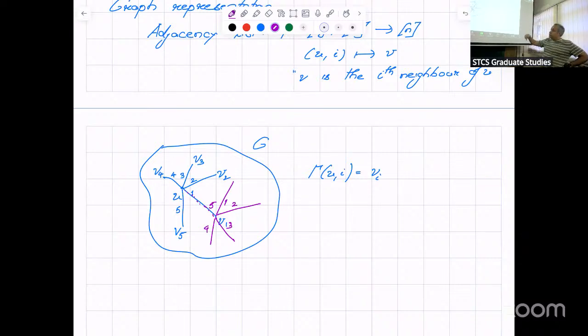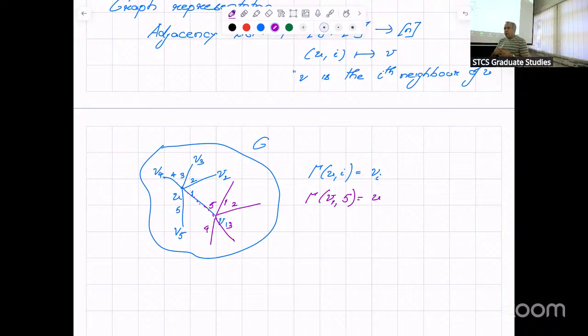So the first edge out of u leads to V1, but the fifth edge of V1 is the same edge going to u. So gamma of V1 comma 5 is u. So every edge gets two labels, corresponding to each vertex's viewpoint. The two vertices could have different viewpoints. You could have a consistent labeling such that the two are the same, but that need not be true.